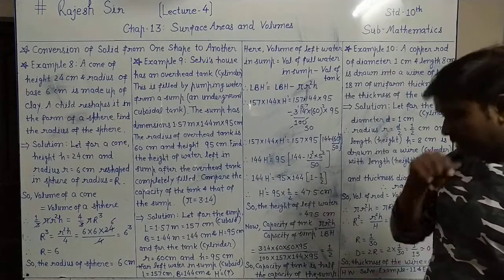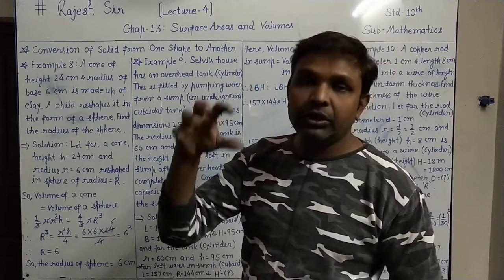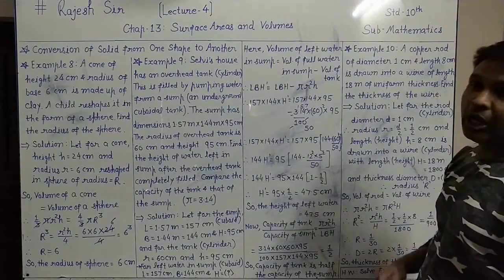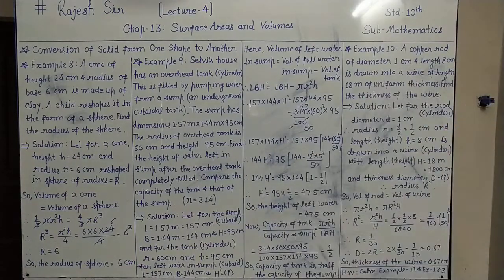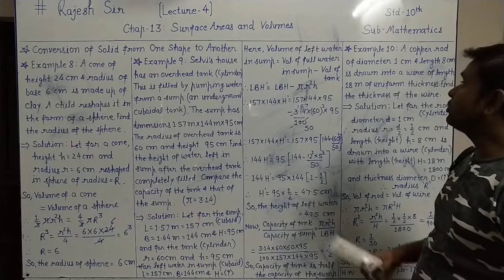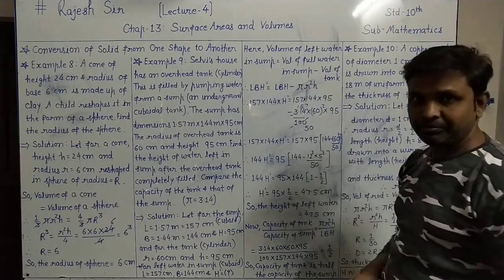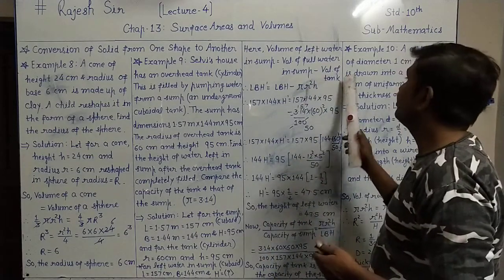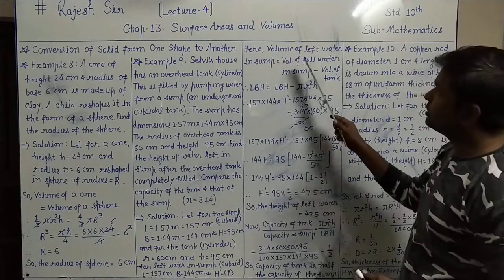Here one more thing is clear: the overhead tank is filled with the water of the sump. So the volume of the left water in the sump, how much water will be left, is equal to the volume of the full water in the sump minus the volume of the tank, because the tank is also completely filled with this water.